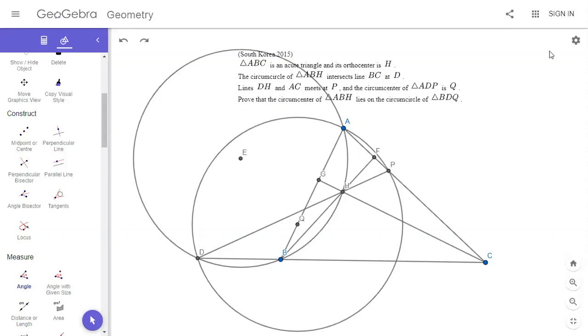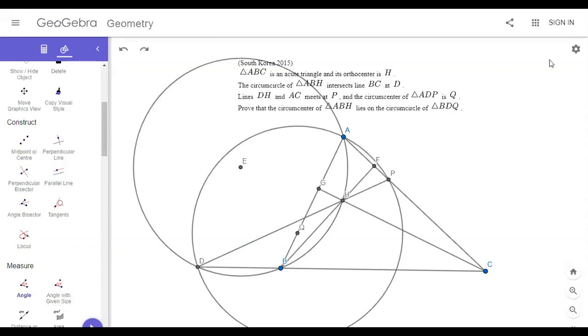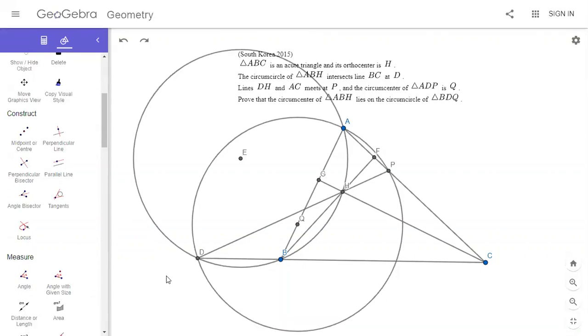Isn't BQ perpendicular to, no, BF is perpendicular to AC. It's just a weird asymmetric configuration.